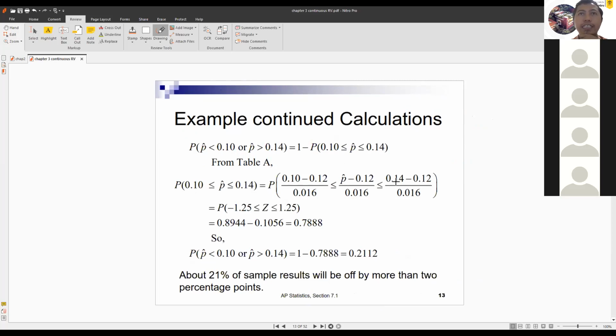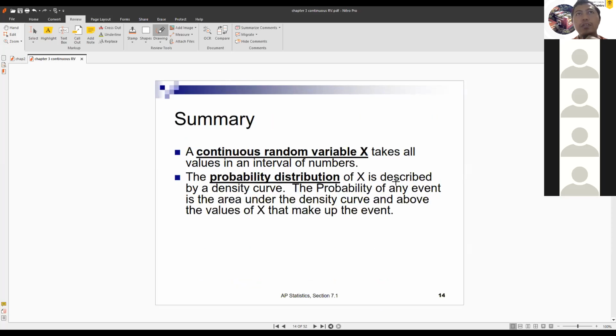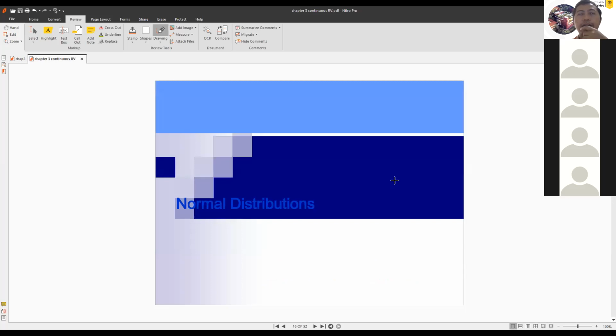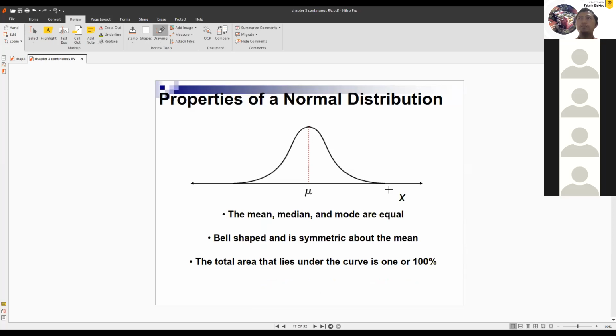This is how we can compute it, but actually we skip this one. We jump to a more specific discussion about the normal distributions. If any question, please write on the chat box.